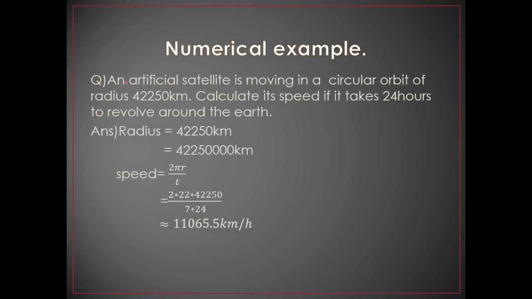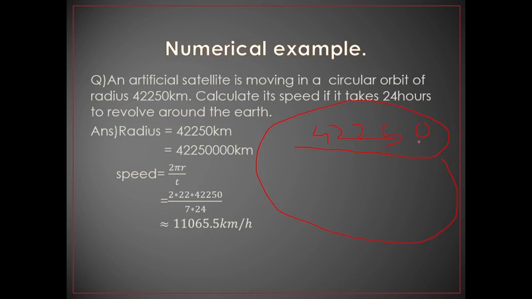Numerical example. An artificial satellite is moving in a circular orbit of radius 42,250 kilometers. Calculate its speed if it takes 24 hours to revolve around the earth.